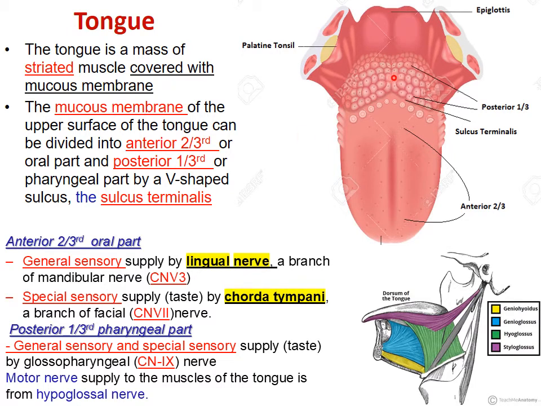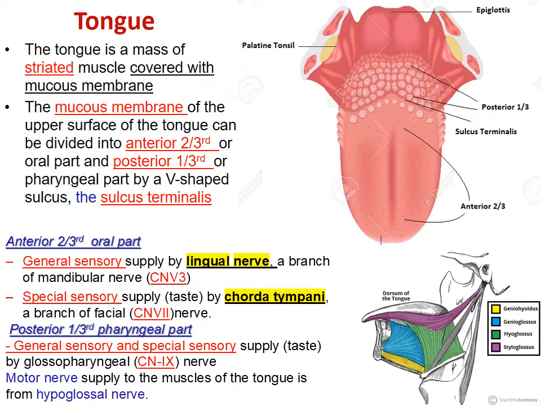Now this is more towards the pharynx. So the posterior 1/3, or pharyngeal part, is facing toward the pharynx. And this anterior 2/3 is facing the oral cavity, so it is the oral part or anterior 2/3. And the pharyngeal part or posterior 1/3 of the tongue.